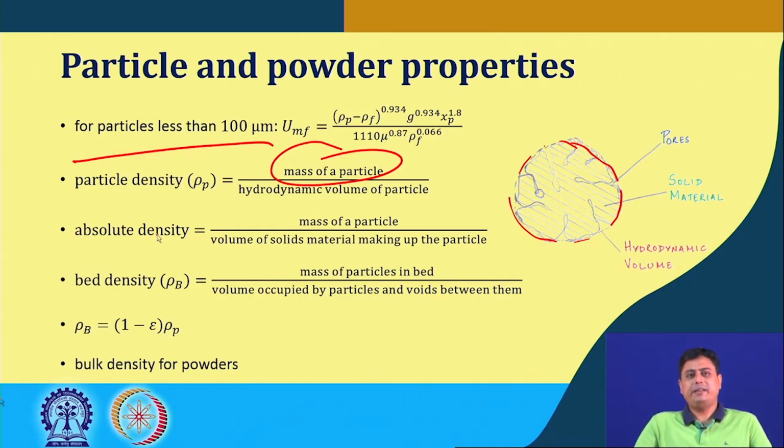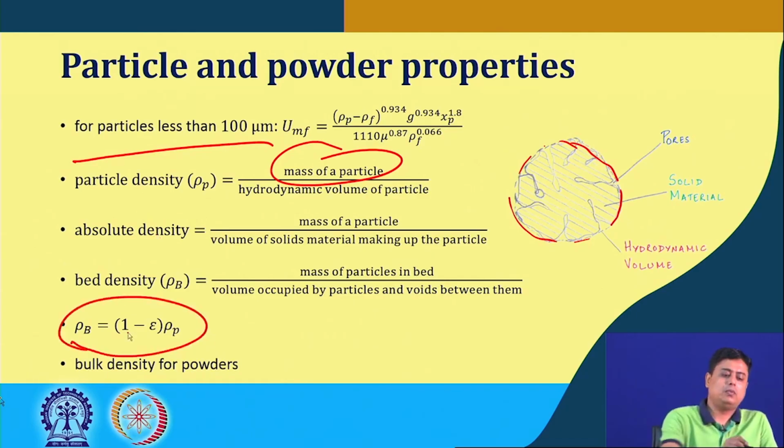This means we have a relation between the particle density and the bed density: rho b, the bed density, equals the solid fraction multiplied by the particle density. The bed density for particulate solids is also referred to as the bulk density for powdery or very fine materials.